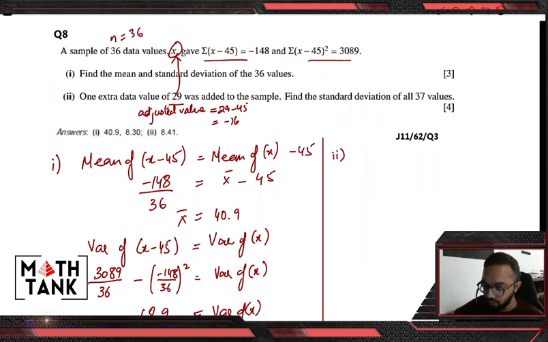So this sum goes up by minus 16. So the new sum of x minus 45 is basically minus 148 minus 16. What does that give me? Minus 164.